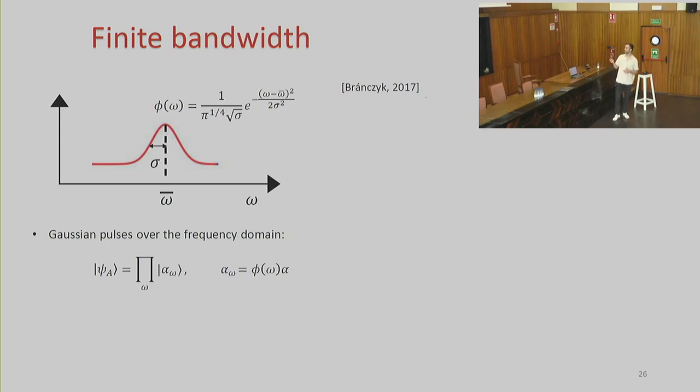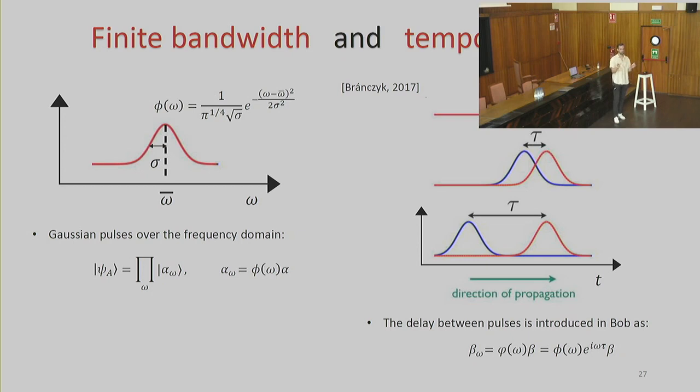All this can be introduced in the calculations considering this state, which is a tensor product over all the frequency modes, weighting this alpha with the shape of the pulse. But on the other hand, if you don't have very good temporal accuracy, you will want to make your pulse wider in time.